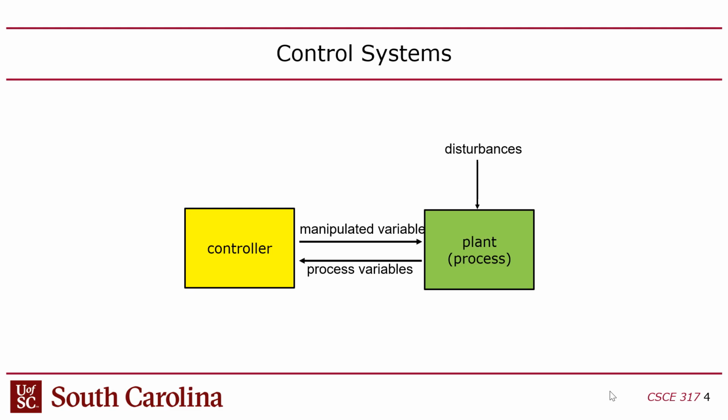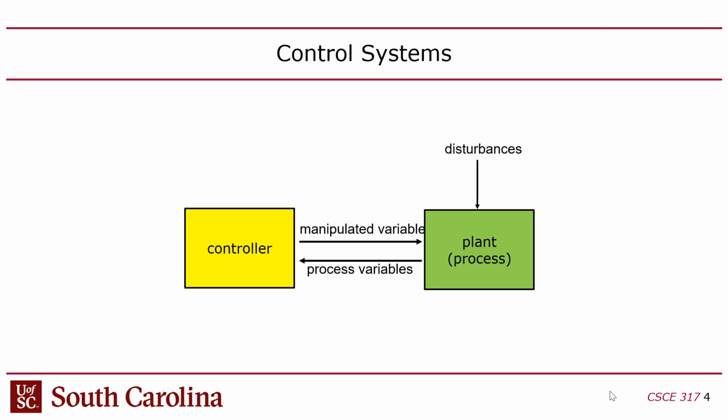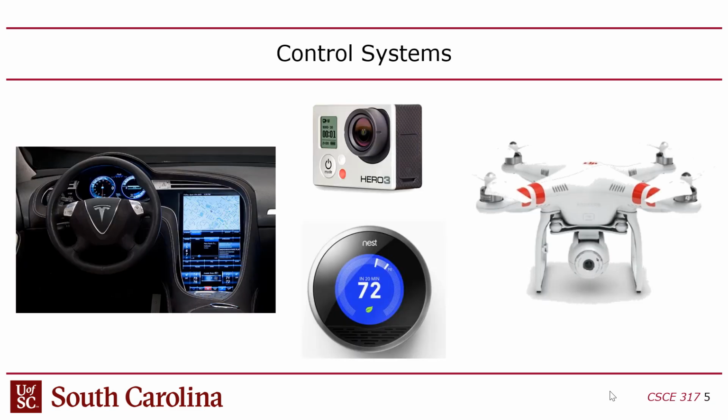So those are disturbances. In the case of a drone controller, the disturbances would be like wind or some kind of external forces acting on the plant. So what you hope is the controller can still maintain control of the plant even with these disturbances, which kind of act like an unpredictable additional input into the plant.